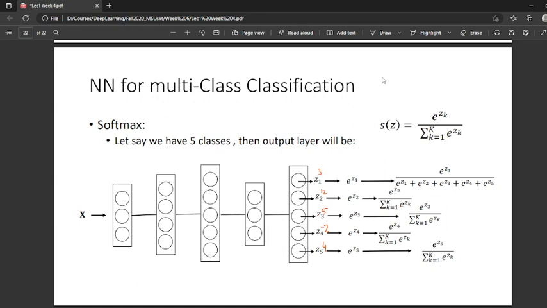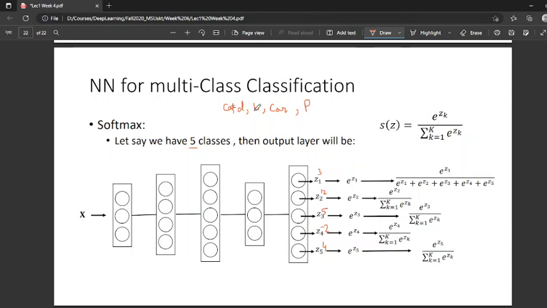So if we have more than two classes, how can we use a neural network for classification in that scenario? Let's say we have five classes here: a cat, a dog, images of bikes or motorbikes, images of cars, and pedestrians.